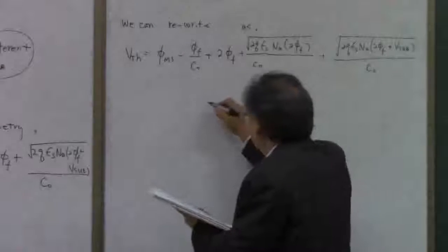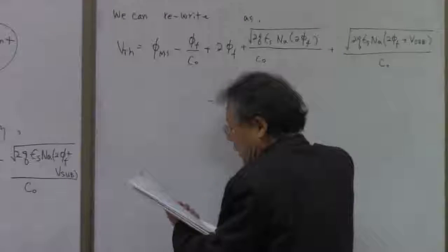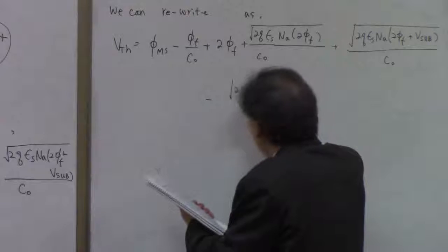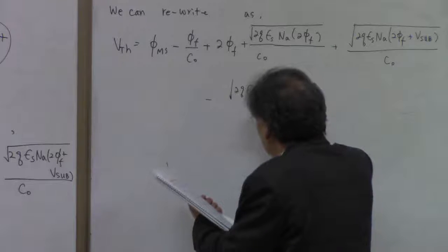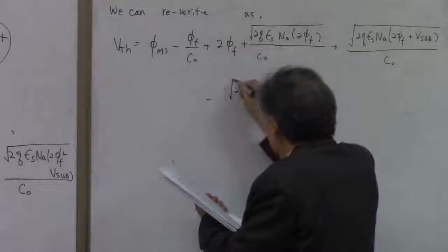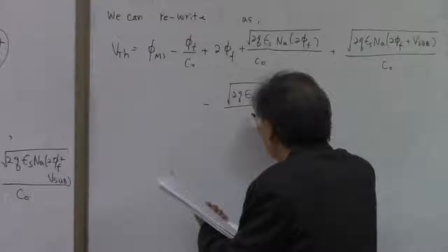And now we want to take this thing out: 2q Na 2 phi f over C naught.